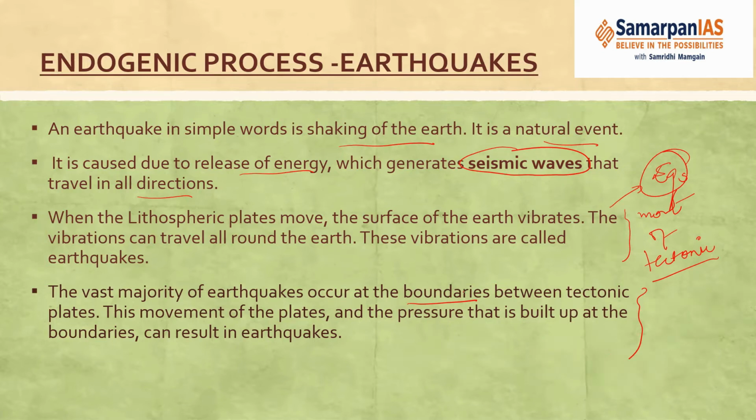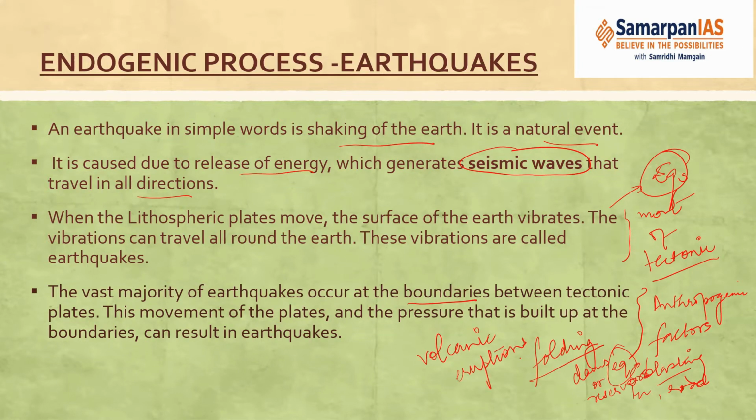Apart from it, earthquakes are also due to some anthropogenic factors, like if blasting is taking place in the mountain to make a tunnel, to make a road, or to widen a road, then that also can lead to earthquakes. Or due to some dams or reservoirs, there can be earthquakes. So a number of factors are there for earthquakes to occur, but the movement of the plates is the major factor.